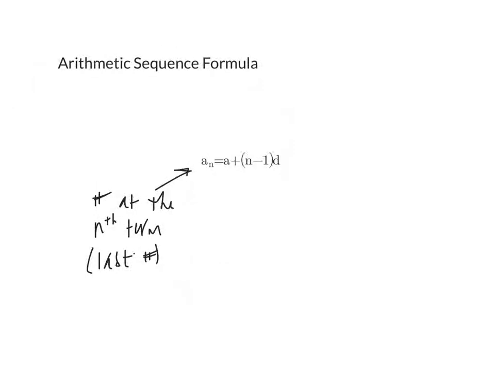That's what we're looking for. The other one, A, is the first number. And sometimes you may see it written as A sub 1, but it means the same thing. The next part that we have is N, and N means number of terms. Pretty generic when we think about math and other classes like science. And then the last one, D, is difference.